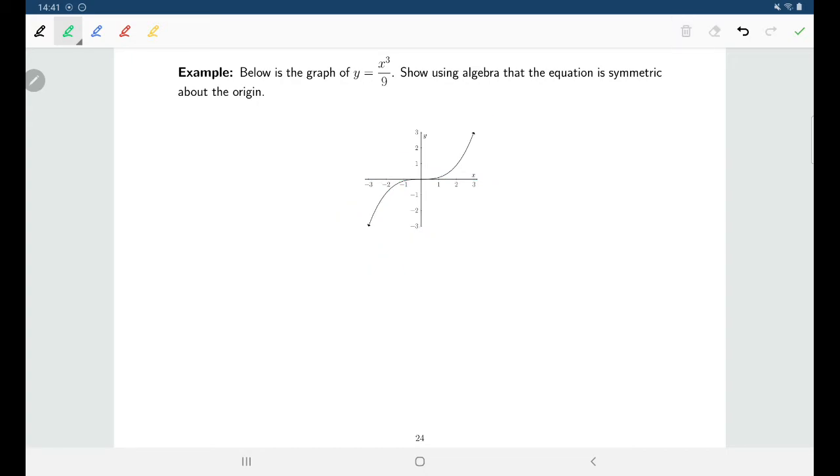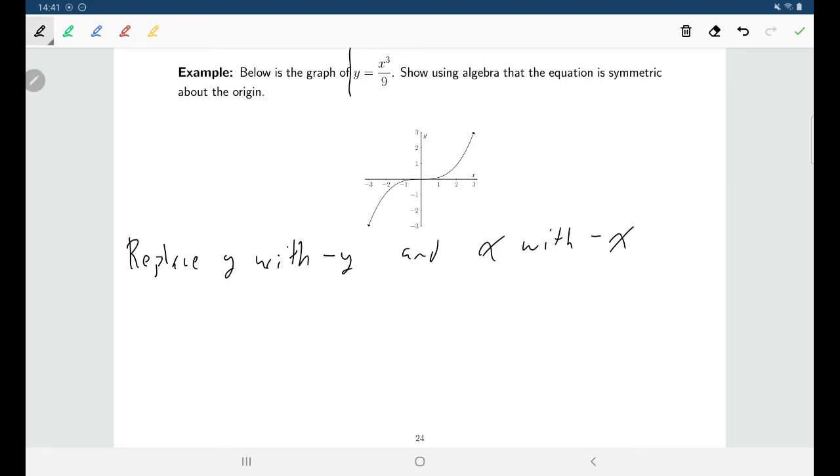So it does look like this is symmetric about the origin, but let's now show this. So here we're going to replace y with negative y, and we're going to replace x with negative x. And the question is, do we get something equivalent to our original equation?